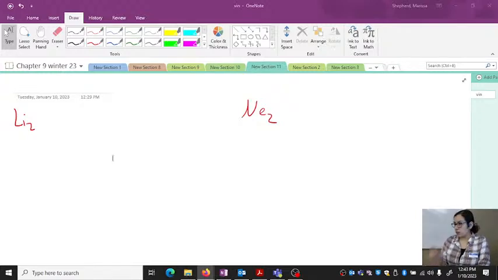And as you do these, make sure you predict a bond order, and then think, what would your Lewis dot structure say?